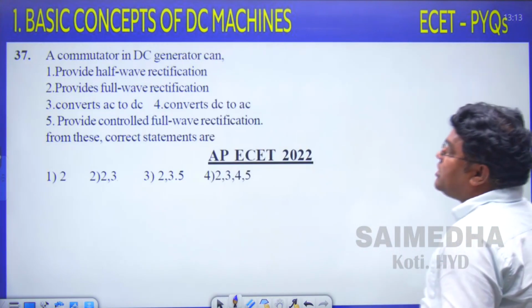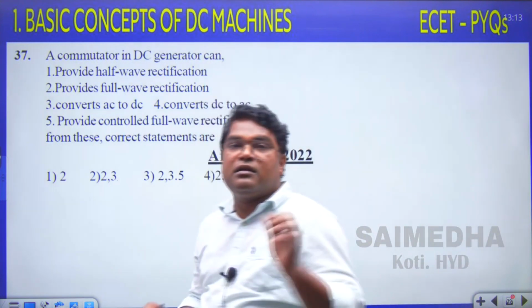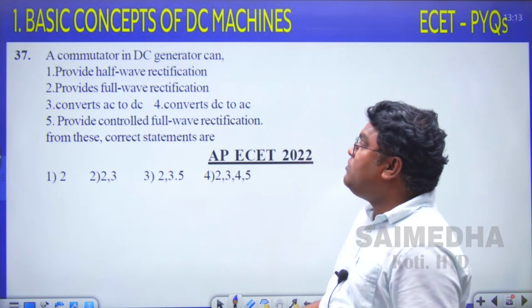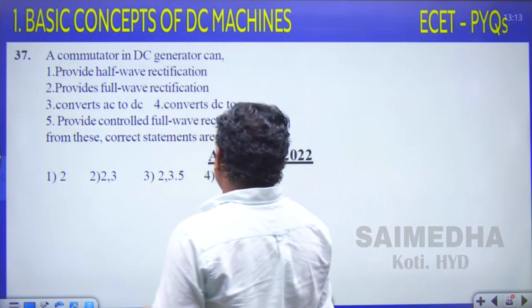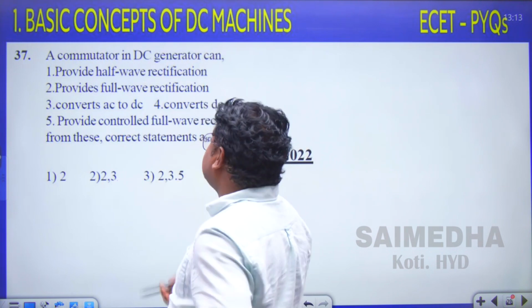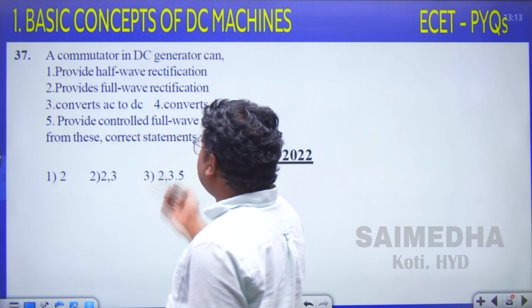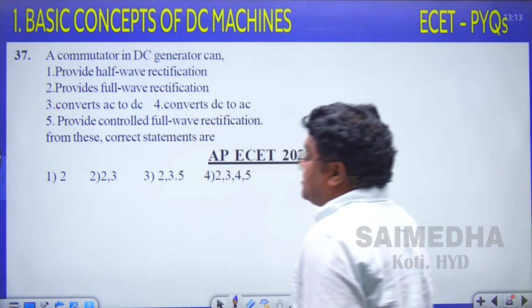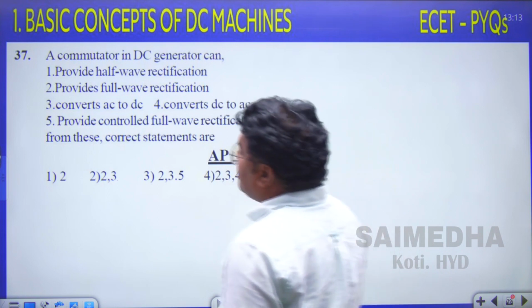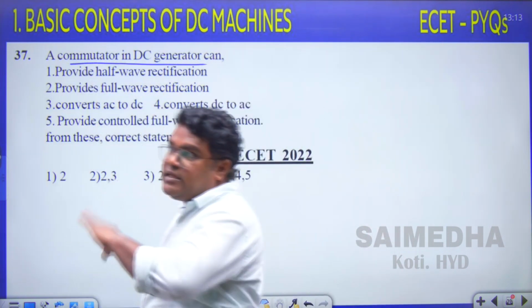And next one, question number 37. A commutator in the DC generator can: statement 1, provide half wave rectification; provide full wave rectification; convert AC to DC; convert DC to AC; and provide controlled full wave rectification. Which of these statements are correct? Here it mentions commutator in the DC generator, not in the DC machine.